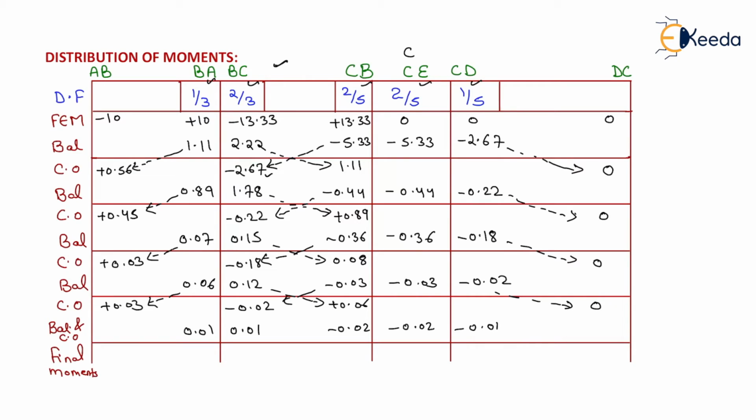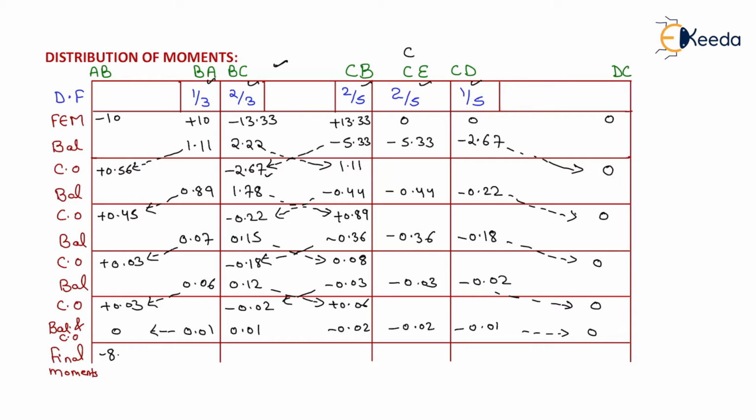Now we need to transfer the carryover to the far end. So almost its carryover will be equal to 0, and its carryover will be equal to 0, that is at support.